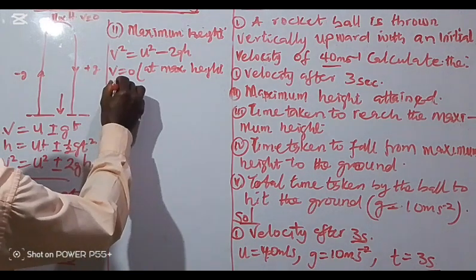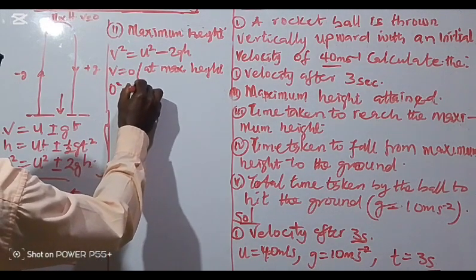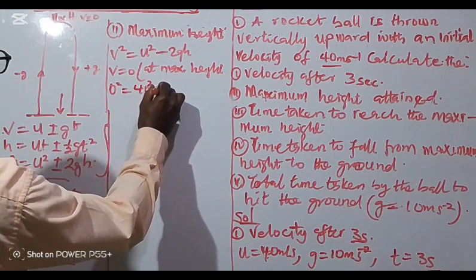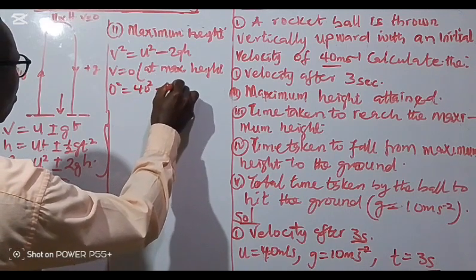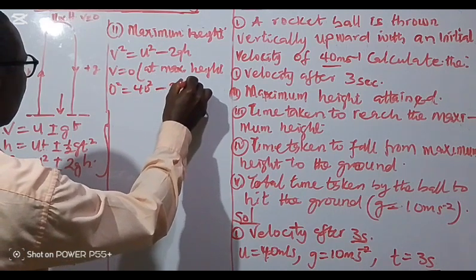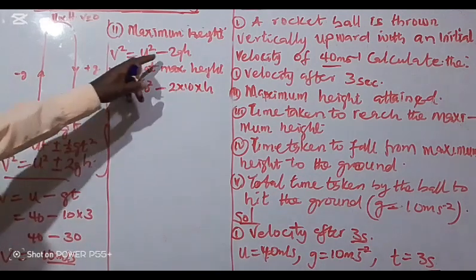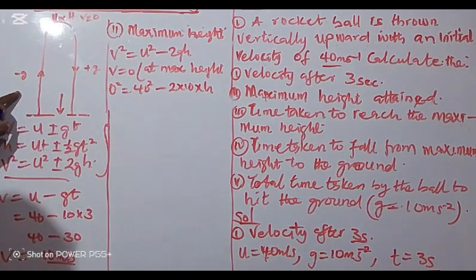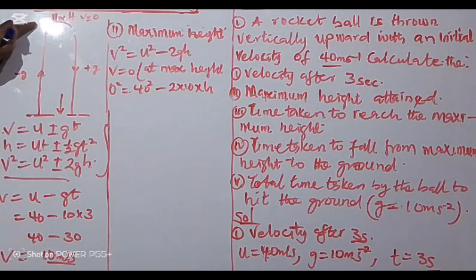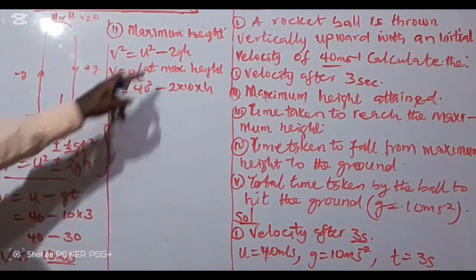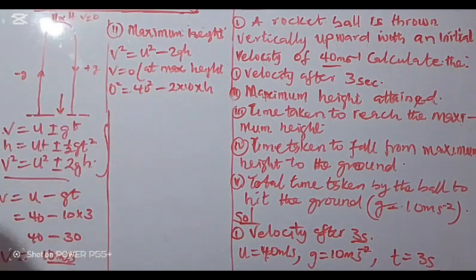So it will now be 0 squared is equal to 40 squared minus 2 multiplied by 10 multiplied by h. Why is it minus? According to the explanation, because the ball is moving up, then negative value of g. That is why it is minus, not plus.